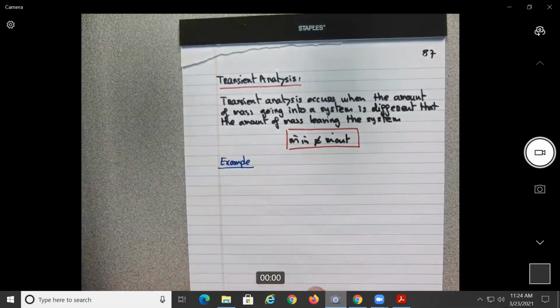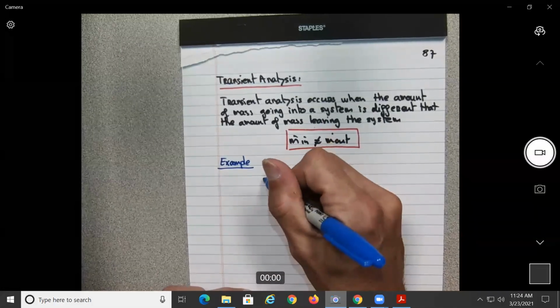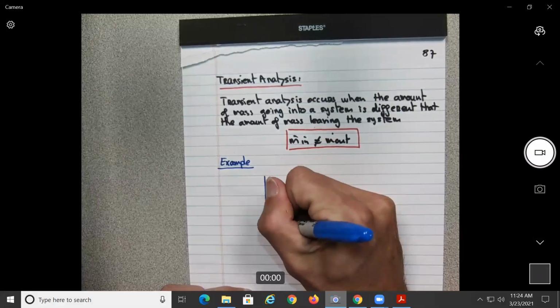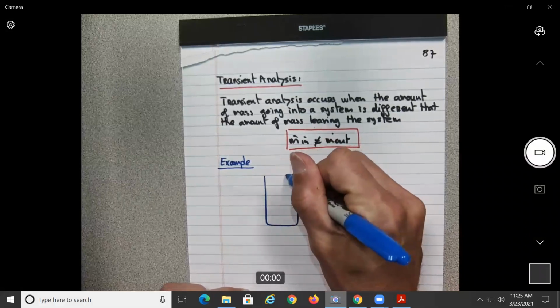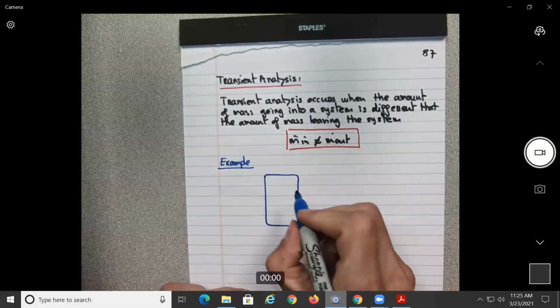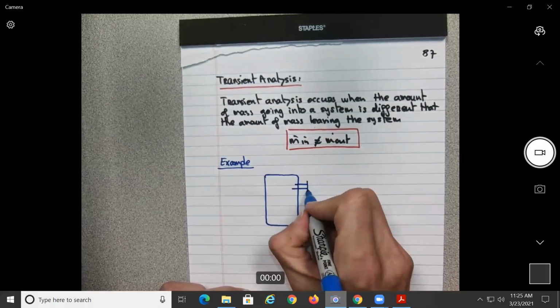So the example we just had: we have initially the tank over here. Here is the valve.